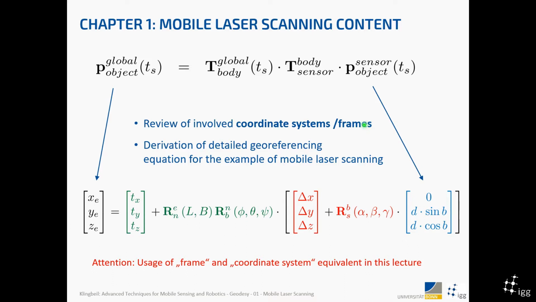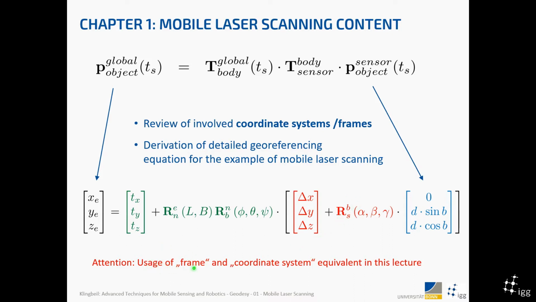We will need most of the coordinate frames that you've seen so far throughout all the lectures in this master study program. We will need them today, and this is why we will repeat some of them. And then we will derive the detailed georeferencing equation in the example of mobile laser scanning. So we will see what exactly each of those letters, parameters and transformations means.